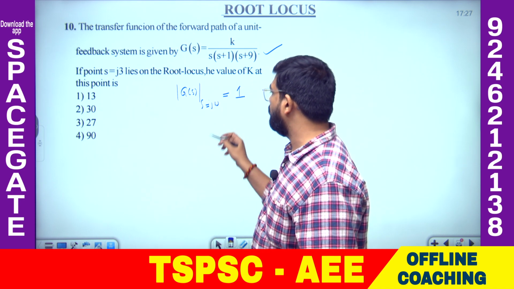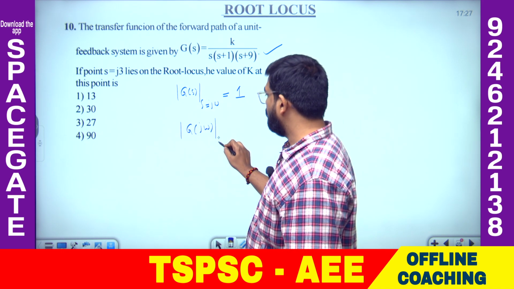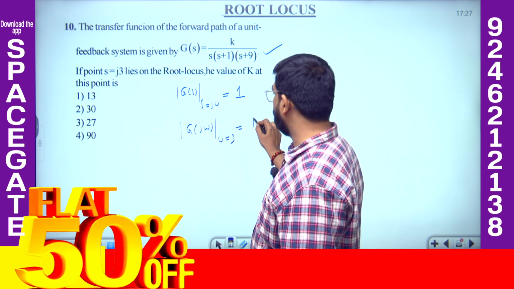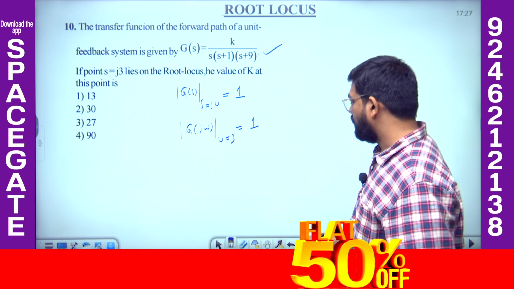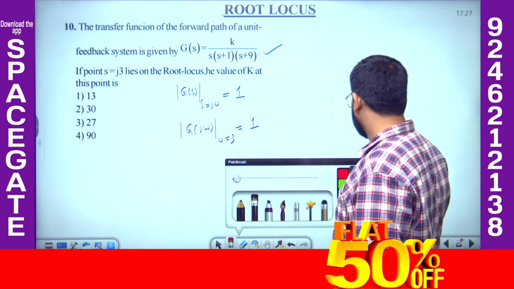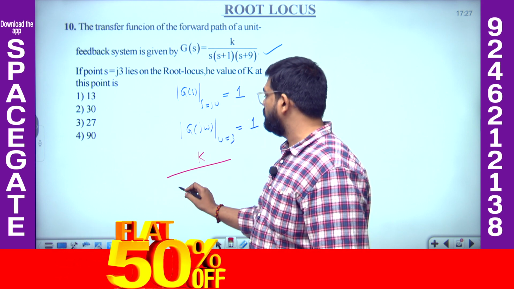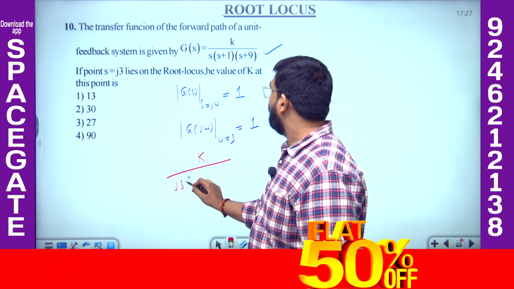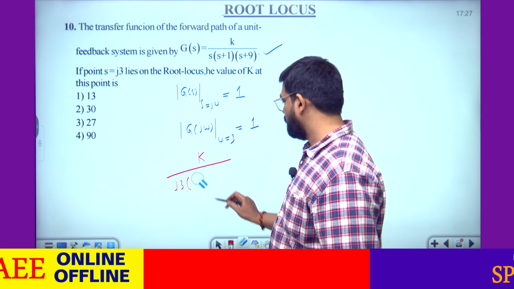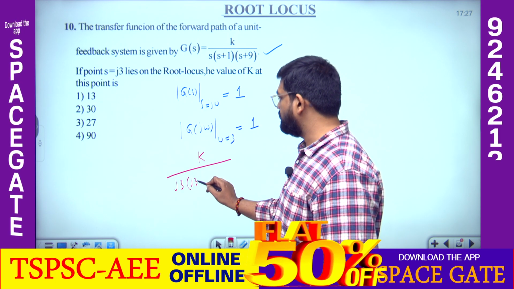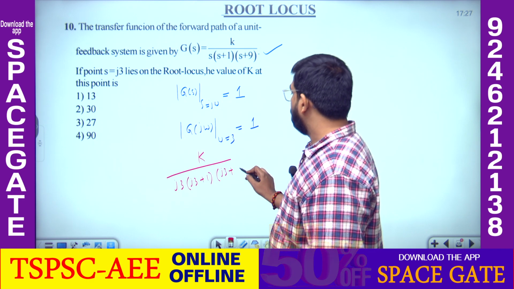So from this you can find, where omega is equal to 3, G of j omega is equal to 1, because of the magnitude condition; from that only we find the gain K. So here K by, I am just substituting here s is equal to j omega, means j3, and here j3, got the point, j3 plus 1, and this one is j3 plus 9.